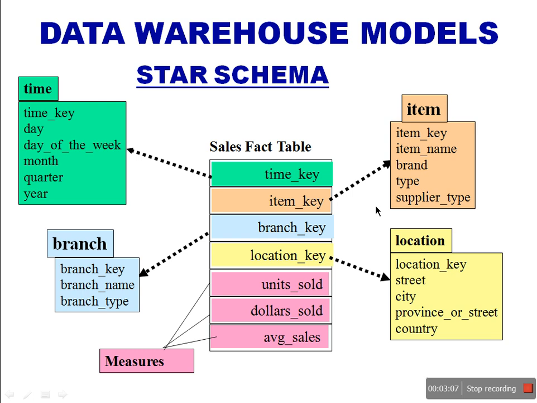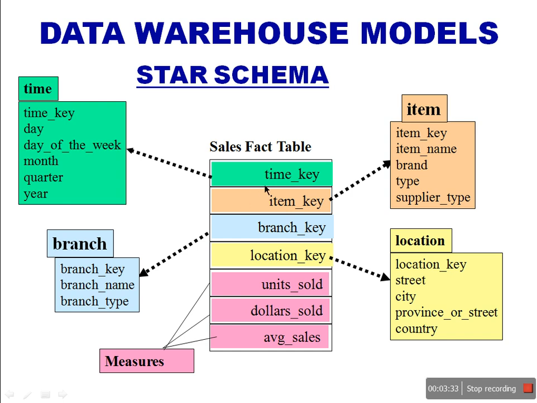So this is the diagrammatic representation of star schema. We have a sales fact table which contains the primary key of all the dimension tables. Here time, item, location and branch are dimension tables which contain attributes, and the first attribute acts as the primary key for that particular dimension.